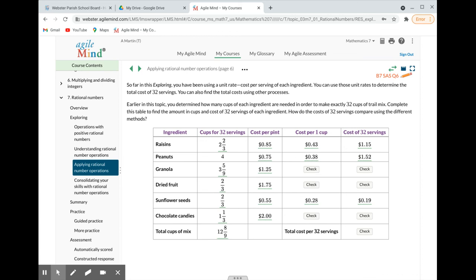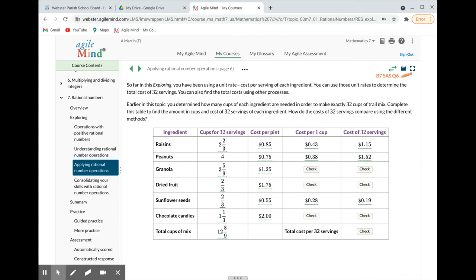Early in this topic, you determined how many cups of each ingredient are needed in order to make 32 cups of trail mix. Complete this table to find the amount and cost of 32 servings of each ingredient. How does the cost of 32 servings compare using the different methods?